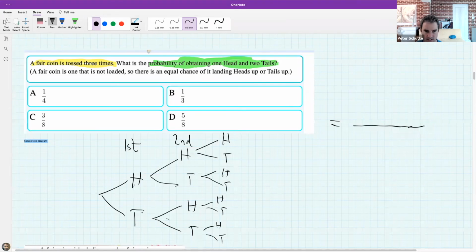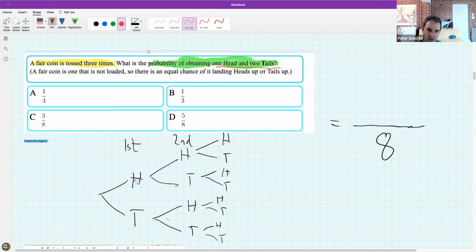Another possibility is tails, tails, tails. Another possibility is heads, heads, tails. But basically, each one of these final things is one of the possible ways it could fall. And so in total, there are 8 possibilities. Now, how many of those possibilities are going to be favorable based on the event question? And the event question is 1 head and 2 tails.